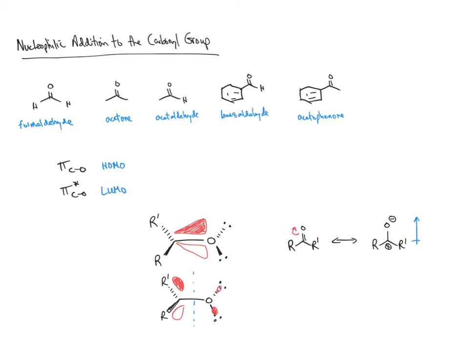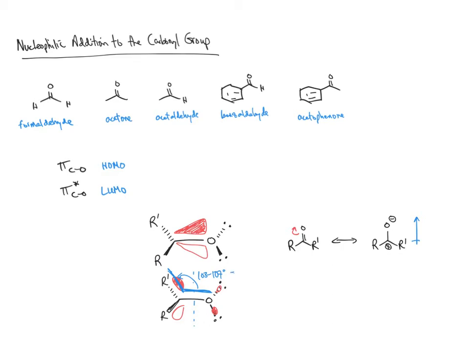And this angle here is 103 to 107 degrees with respect to the plane of the carbonyl. So the lobes are pointing out towards the R groups rather than symmetric with the nodal plane.